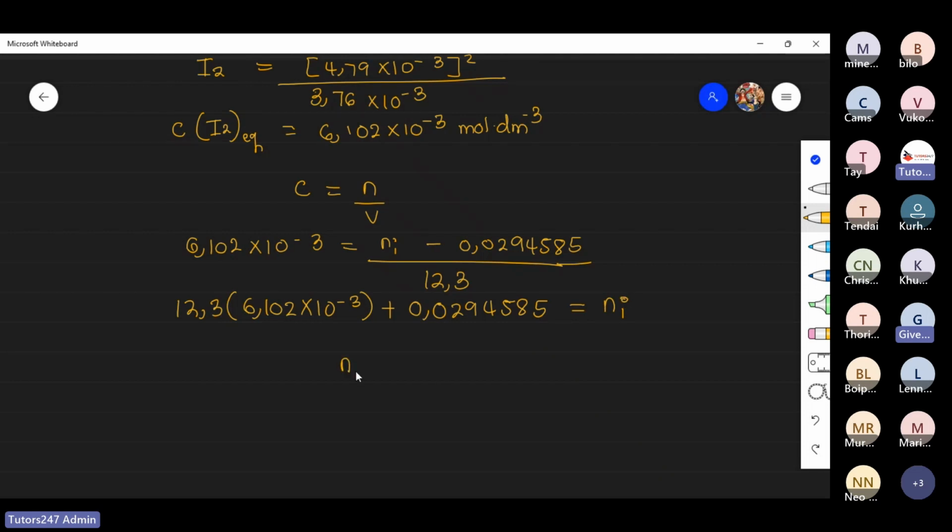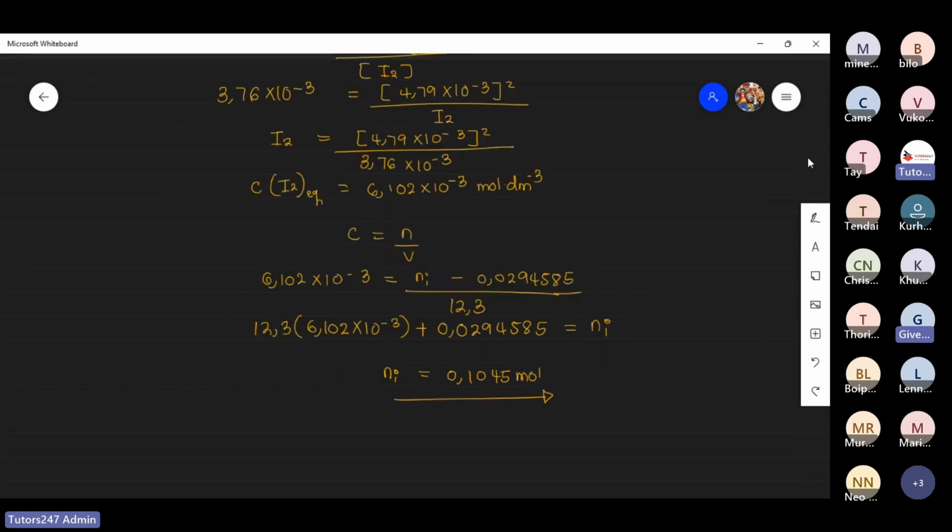So our initial number of moles, once you put this into your calculator, 12.3 times 6.102 times 10 to the power negative 3 plus 0.0294585, gives us a value of 0.1045 moles. So this is now our initial number of moles.